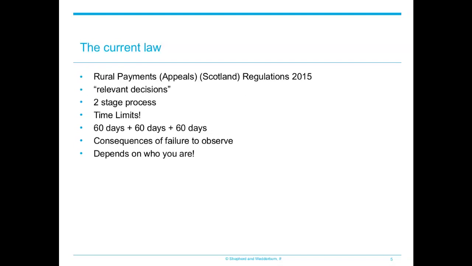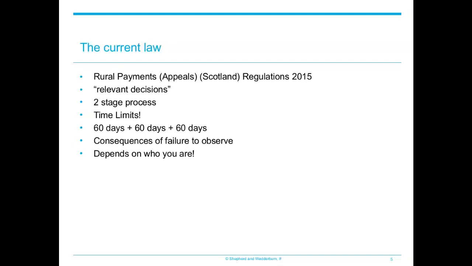Now, the schedule is really wide-ranging, but essentially it includes decisions to postpone, refuse, reduce or recover in whole or in part any payment under an IACS scheme, and the schedule is wide-ranging enough to include LFAS decisions, cross-compliance breaches, Pillar 2 support scheme breaches, and a wide range of associated regulations and schemes under CAP.